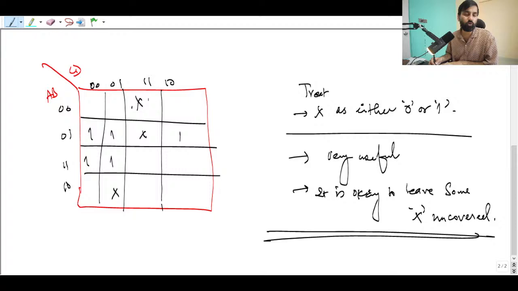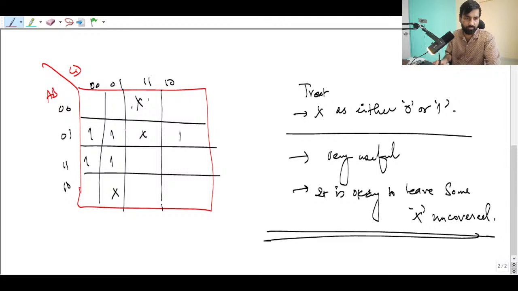Now we can cover them up. Let us group ones. We have to try to group the maximum number of ones. That is the idea behind it. Always remember that is the very first thought process you have to develop: whenever a K map is given, you have to group the maximum number of ones.